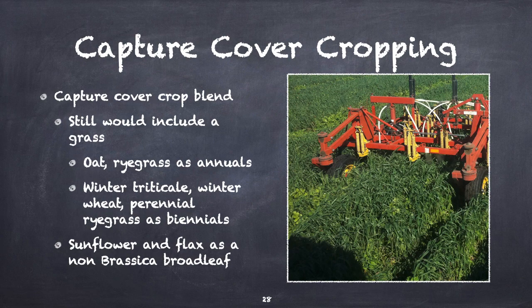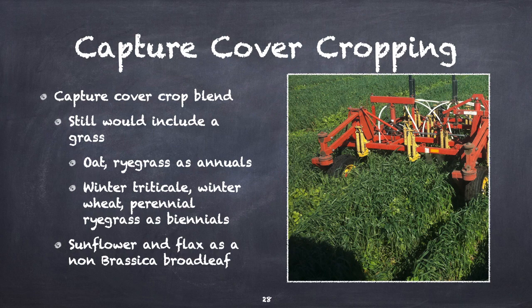If you're just going to go with a straight brassica, or if you're going to be going with beets, I still recommend having a grass in there, whether it's oats, ryegrass, if you're looking at annuals, or winter triticale, winter wheat, or perennial ryegrass as biennials.